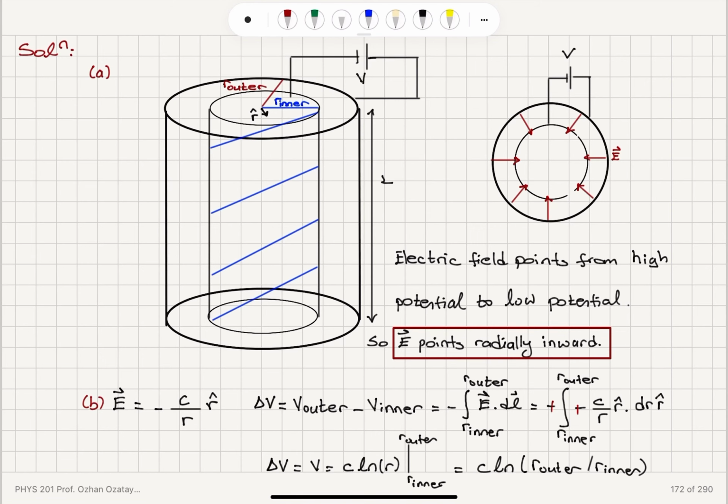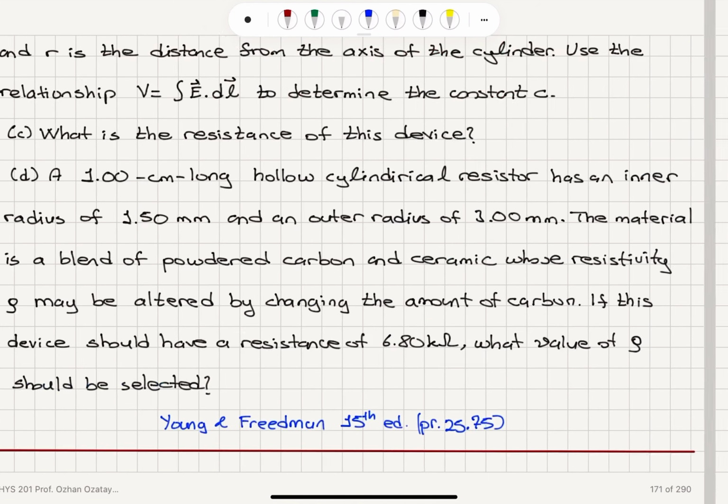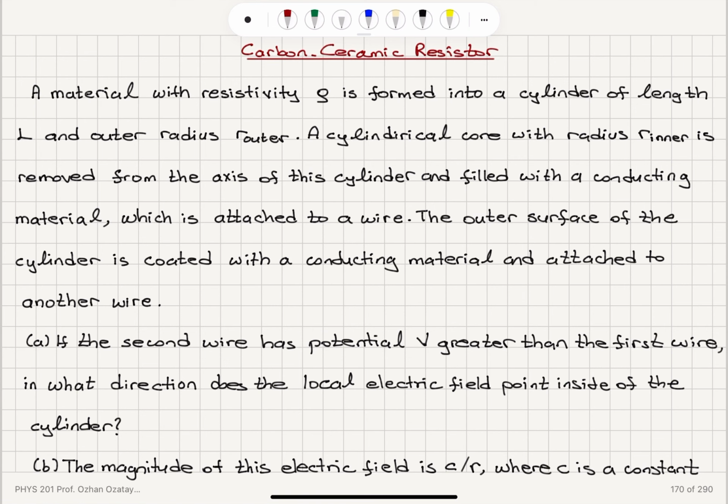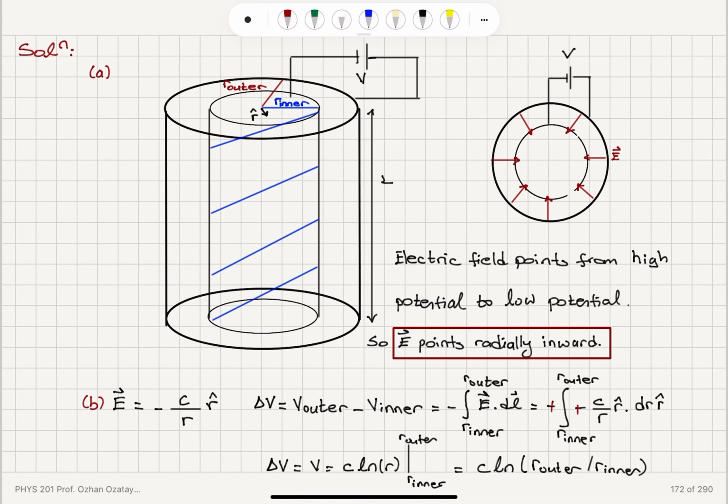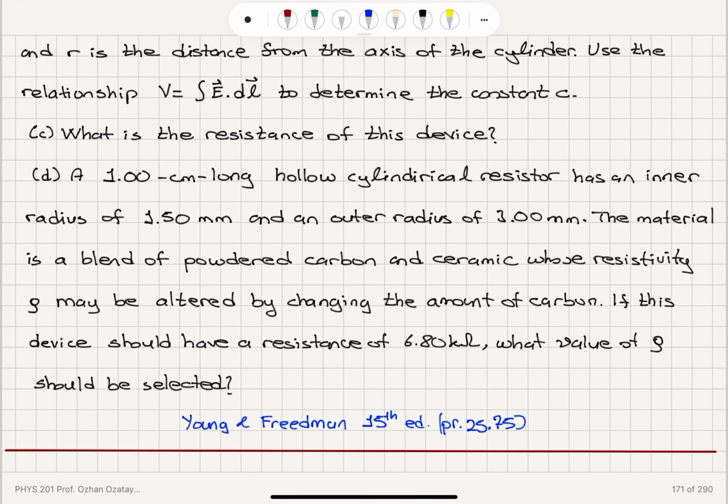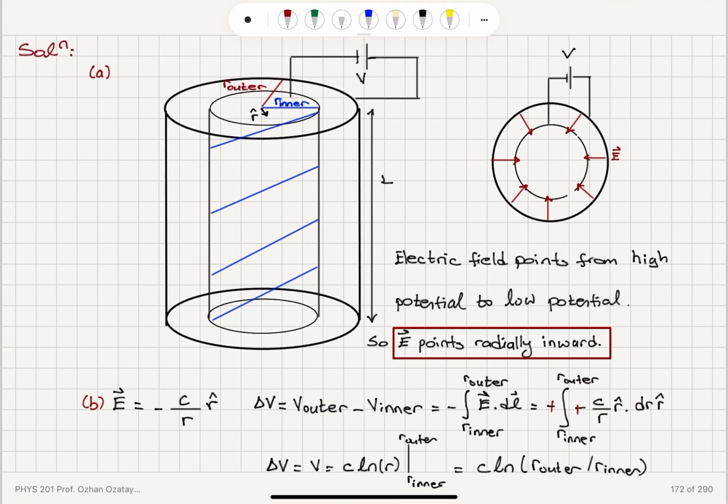In between them we have a material with resistivity rho, which is a carbon ceramic mixture. So we see that when the outside conductor is at a higher potential, the electric field must point from the outer conductor towards the inner conductor, radially inward. That's the answer to part A.